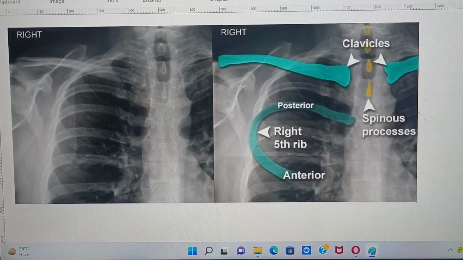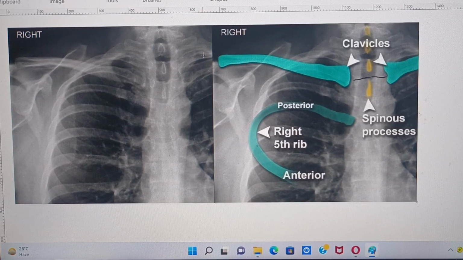Coming to the next picture, you can see this is the medial border of the clavicle, this is the medial border of the clavicle, and these are the spinous processes. Here you can see the distance is proper, so the centering of this X-ray is good and there is no malrotation.